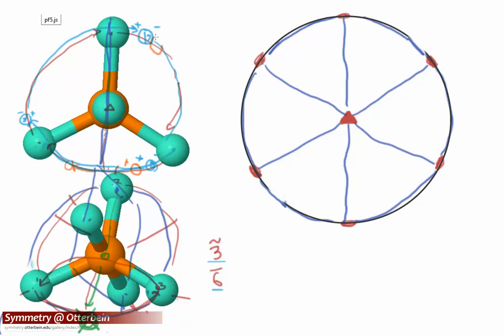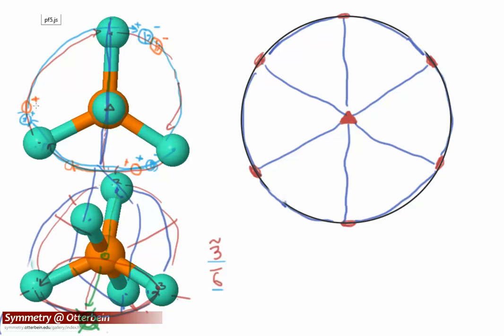And so that's actually going to put me below the plane, and because I've inverted, I have a comma. Now I do this operation again, and so I rotate pi over 3 radians. I invert through the axis. That's going to bring me here. I was below the plane, so now I'm above the plane, and no comma.